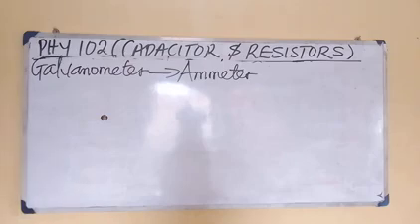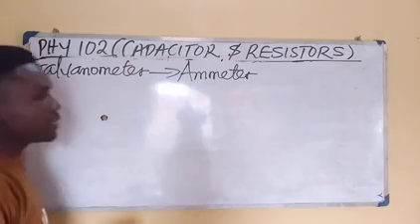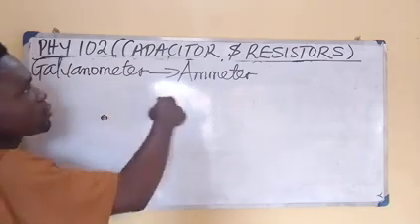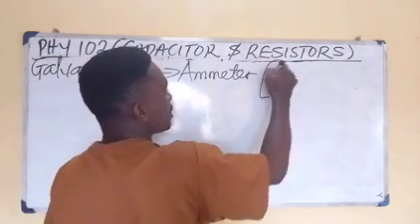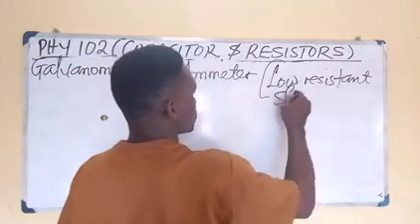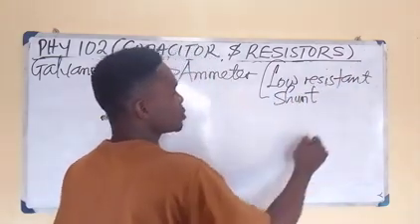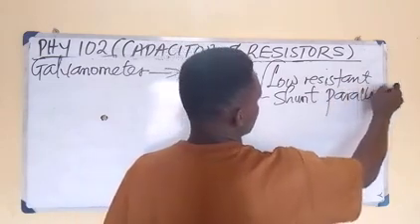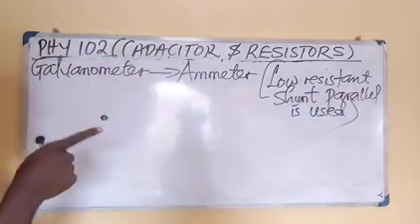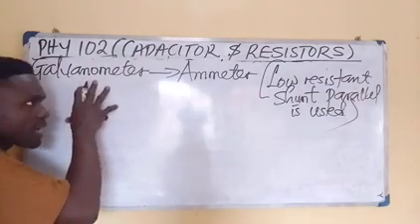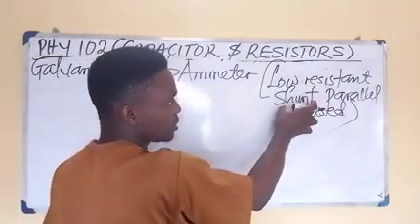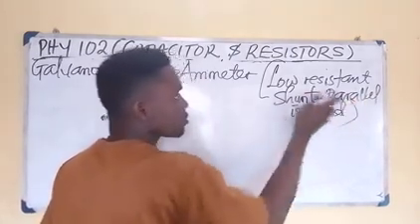For a galvanometer to be converted to an ammeter, a low resistance shunt in parallel is used. That's the key word.